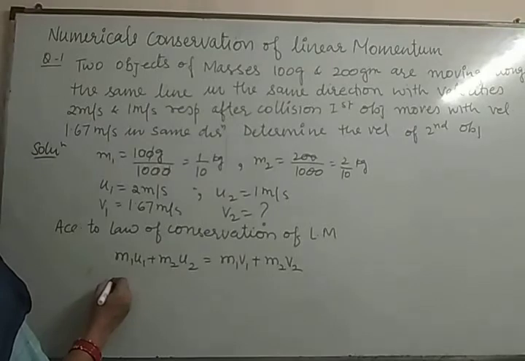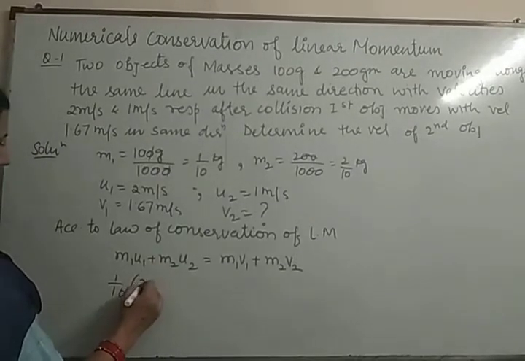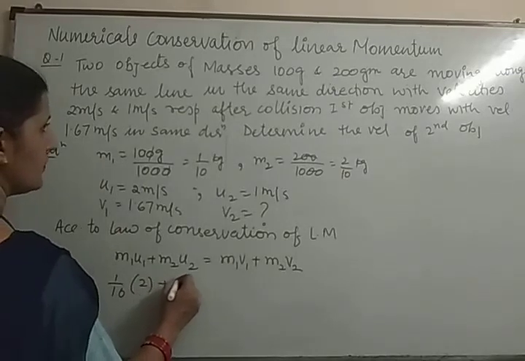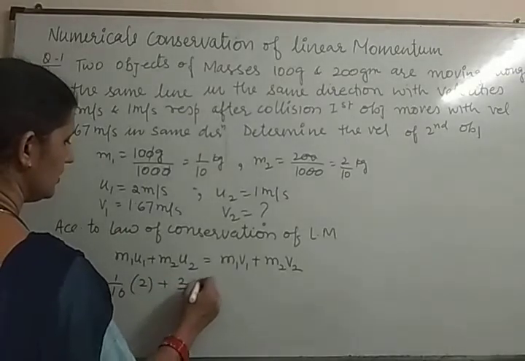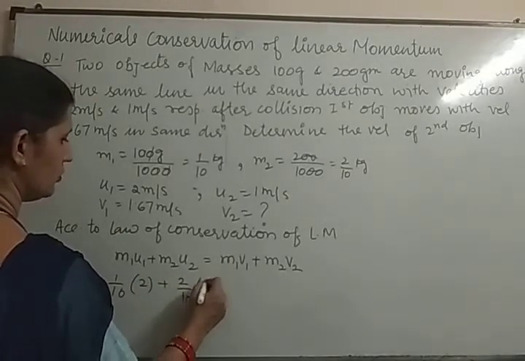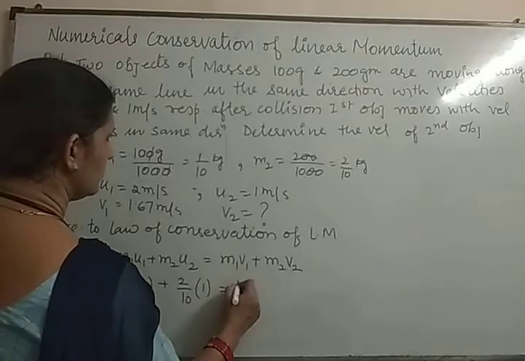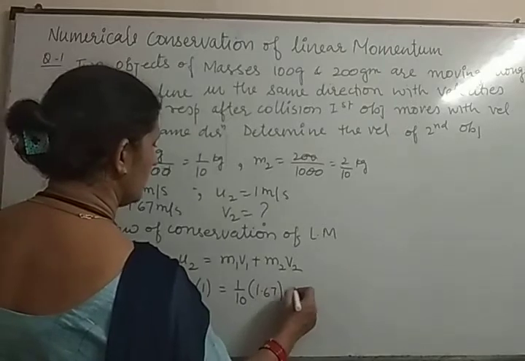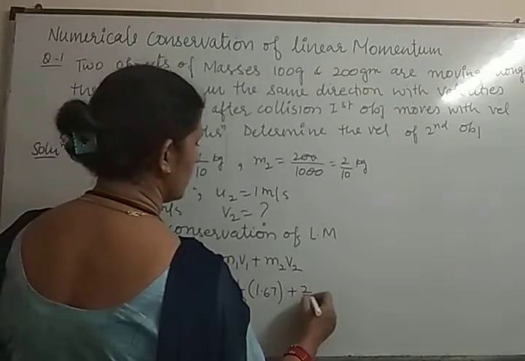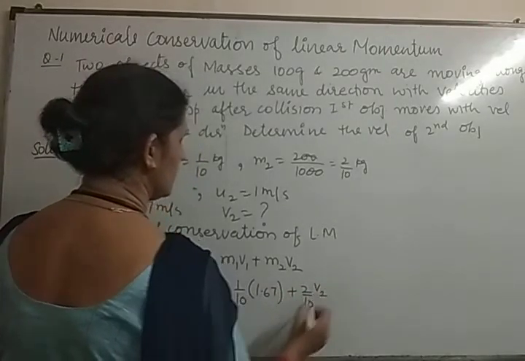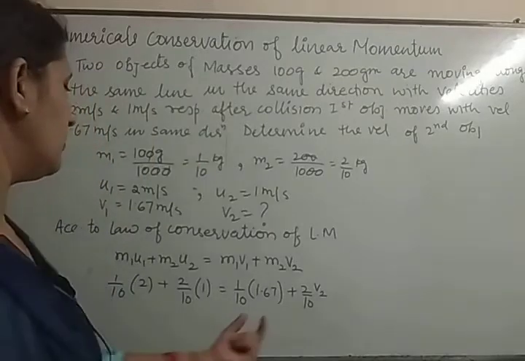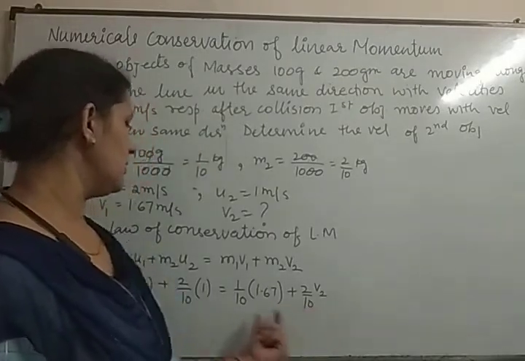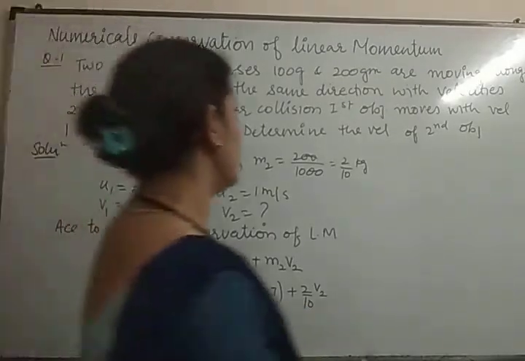The value is 1 by 10 into u1 is 2 plus 2 by 10 into u2 is 1 is equal to 1 by 10 into 1.67 plus 2 by 10 into v2. Solve it. Keep 2 by 10 v2 on one side and all other parameters on the right hand side.